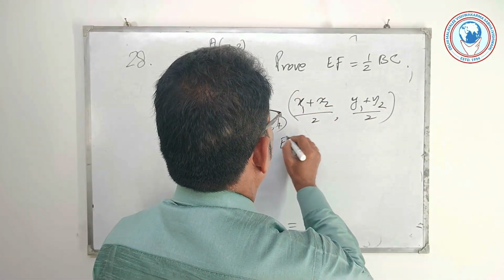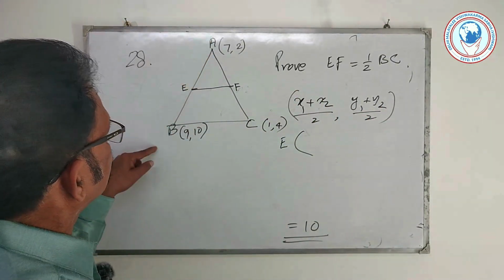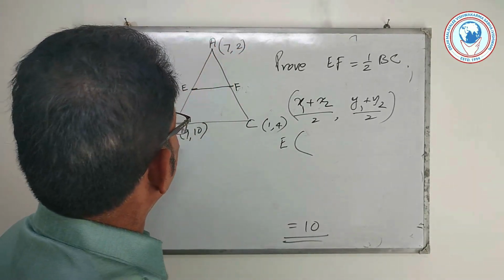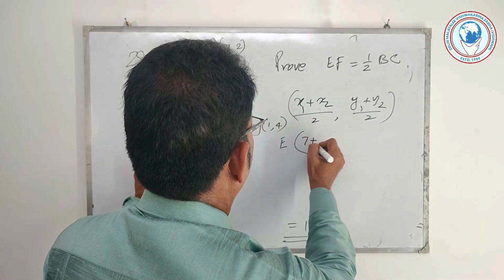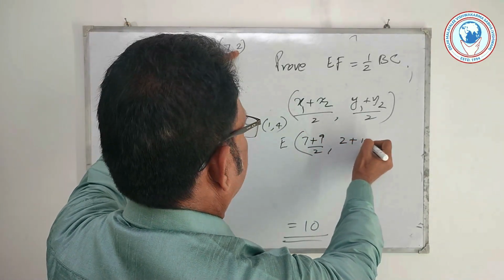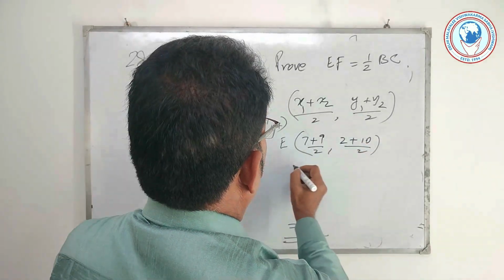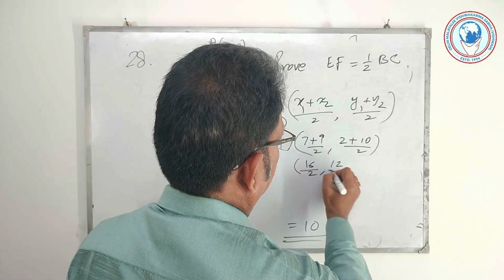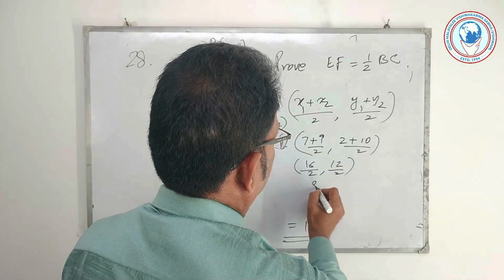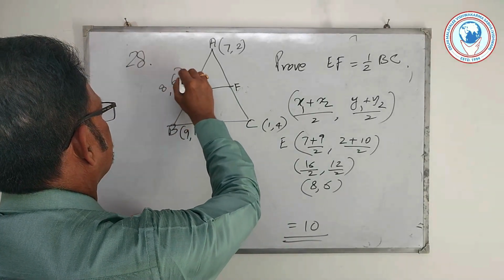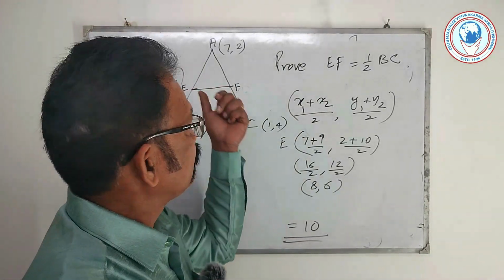So the point E will be 7 plus 9 by 2, 2 plus 10 by 2, we get 8, 6 as the coordinates of E.